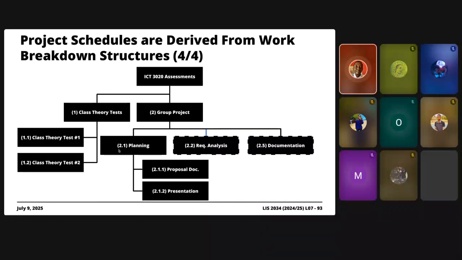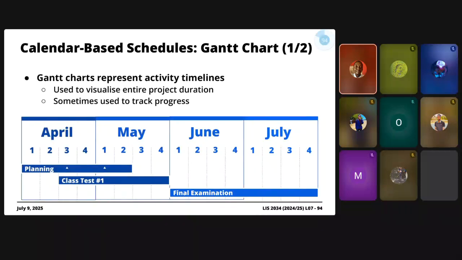If you have level 4, the enumeration is changed accordingly, right? If you notice under planning here, we have 2.1.1 as being the proposal document, for instance. A subtle thing, but important nonetheless as you are working on this.